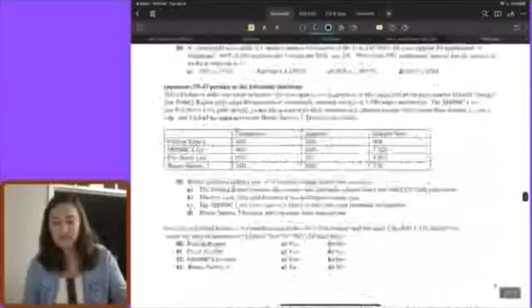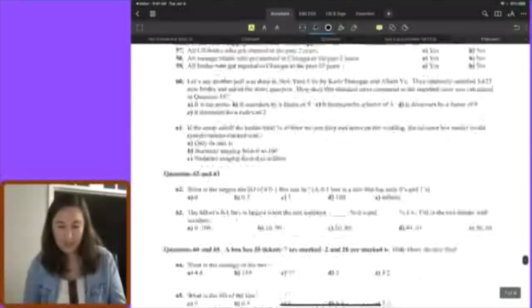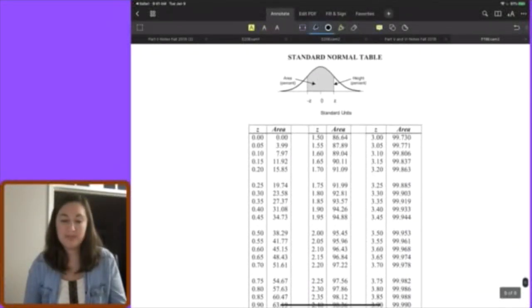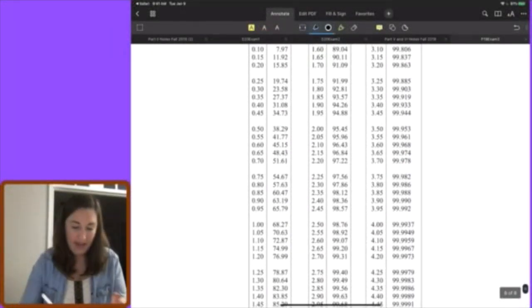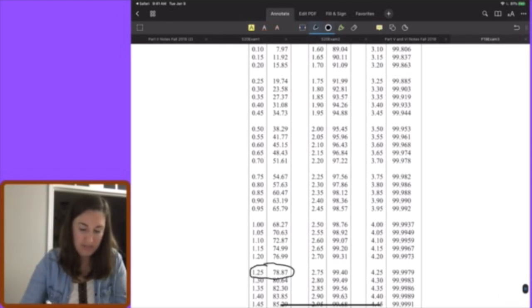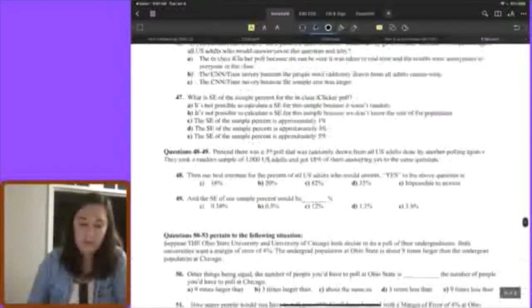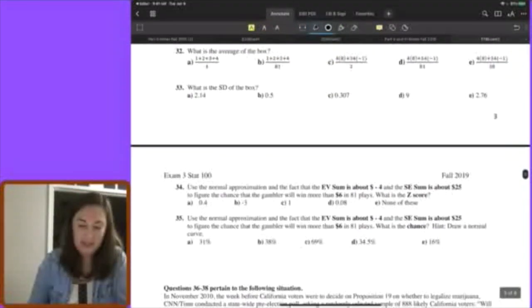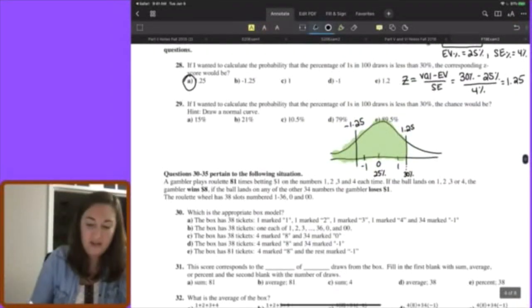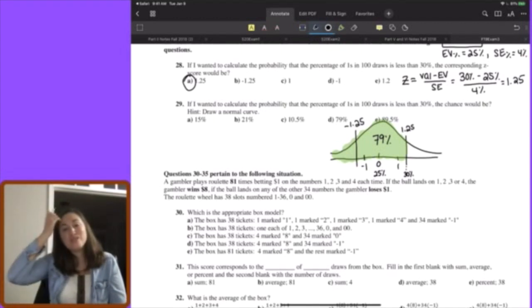You guys will get the normal table. 1.25 is right here. It looks like the middle area is about 79%. So if I go back to right here, this is 79% in the middle.